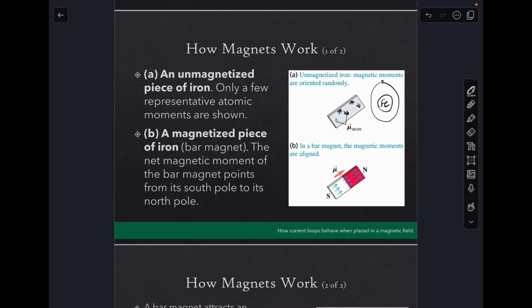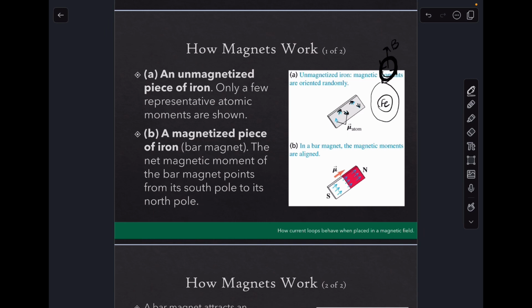I'm only drawing one, right? You have a bunch of electrons orbiting the iron atom. Well, a couple of them orbit in a special orientation, okay, which is typically an f orbital or a d orbital. And what that does is it creates a current, right? Because you have a moving electron moving in a certain region. It creates a current, and then the right-hand rule applied to that current creates a magnetic field, right?